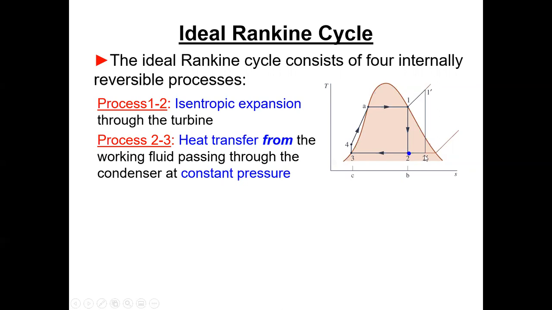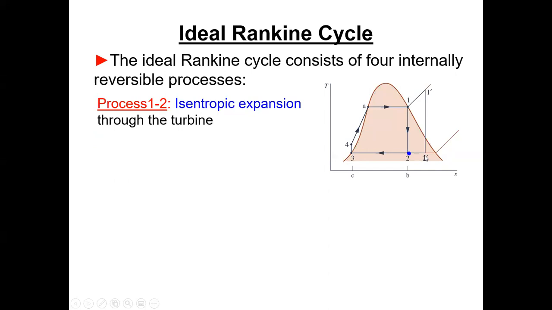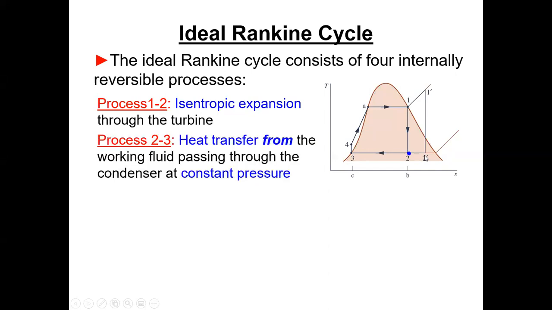Process 2 to 3 is heat transfer from the working fluid passing through the condenser at constant pressure. In reality, there would be some pressure drop through the condenser. From 2 to 3. If we were superheated, then we would be going from 2 prime to 3.